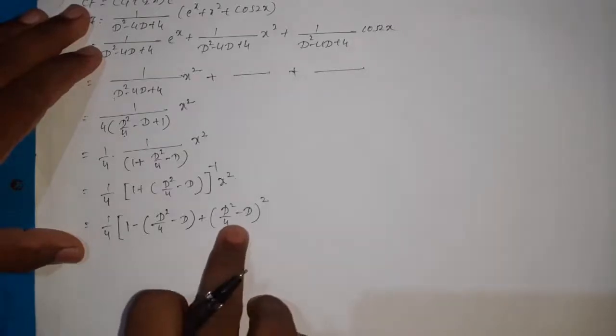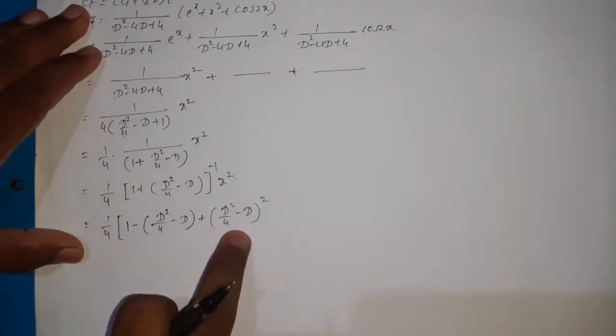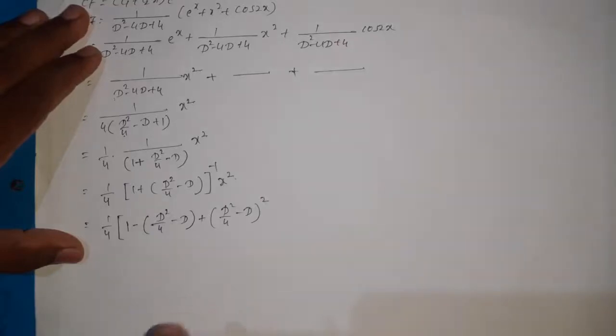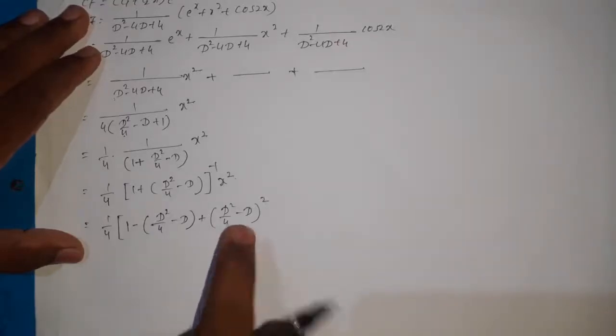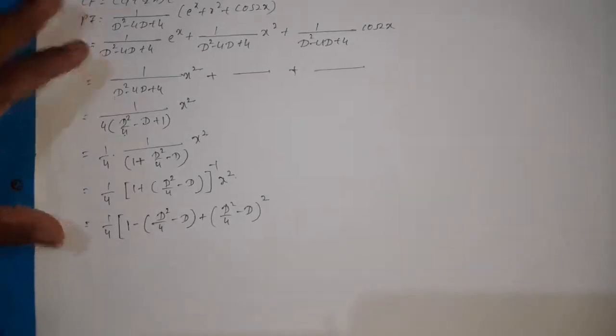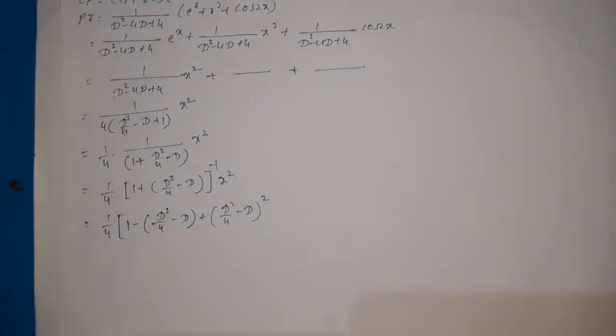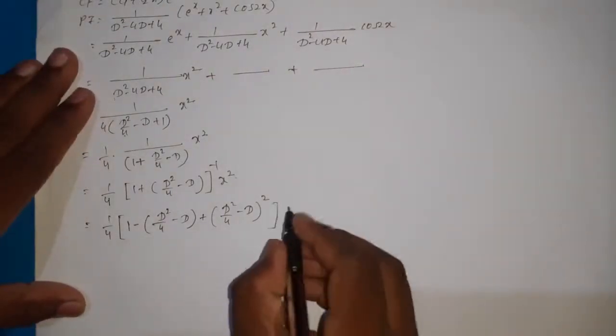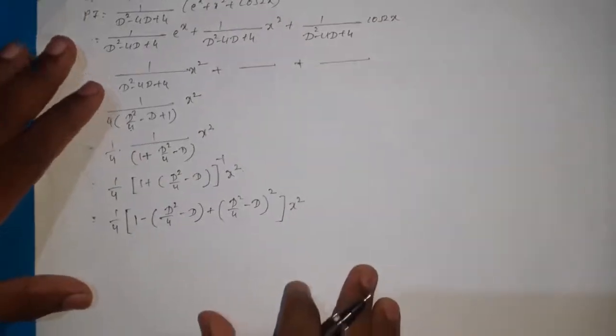So here we need to consider the x square term, because after expansion of this one we can take D square, because there will be one D square term. The next term will be x cube; if you consider x cube, we cannot get any D square or D, so we are not considering the remaining terms.